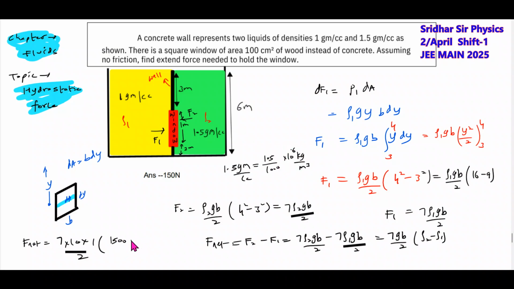So 1500 minus 1000 is 500. Multiplying, we get 17,500 Newton.